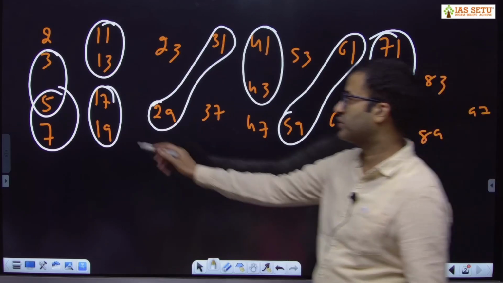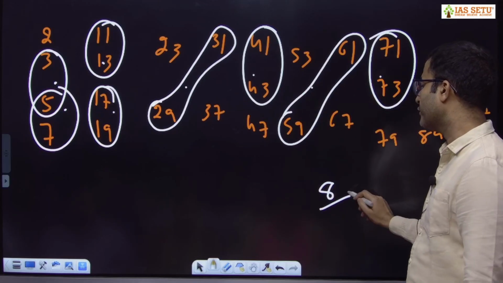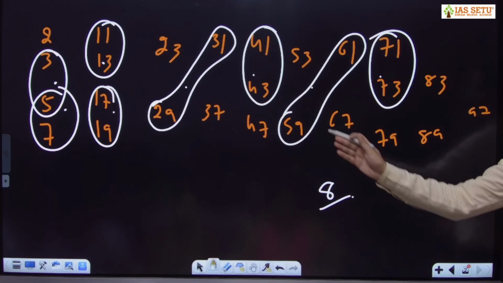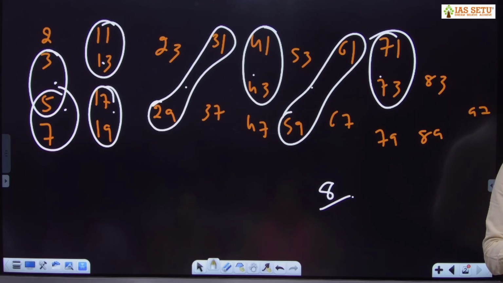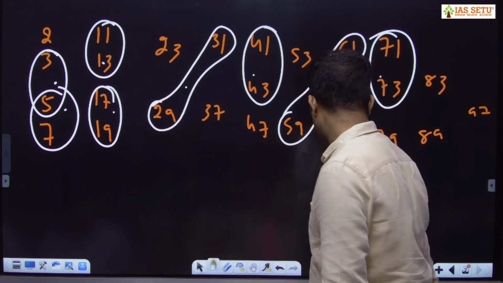You can check: this is 1, 2, 3, 4, 5, 6, 7, 8. So we have 8 pairs of twin primes from 1 to 100. Is it clear? Prime numbers and twin primes. Any doubt about twin primes? Is the definition clear? Two consecutive prime numbers with a difference of exactly 2 are known as twin primes.